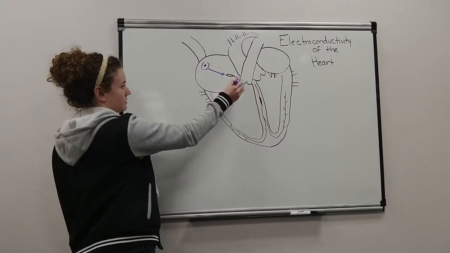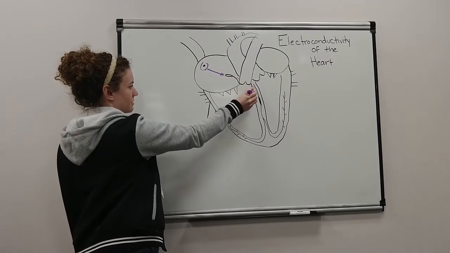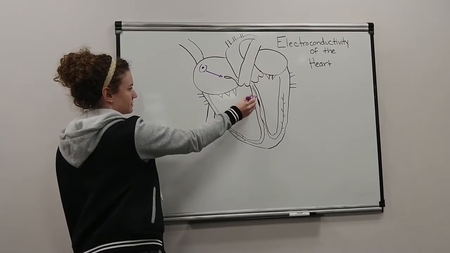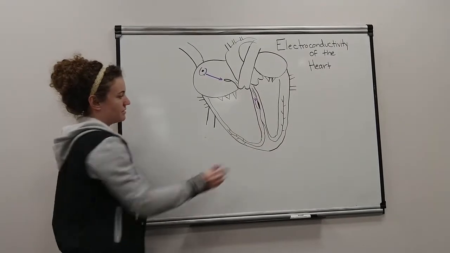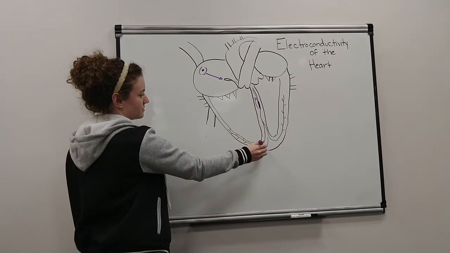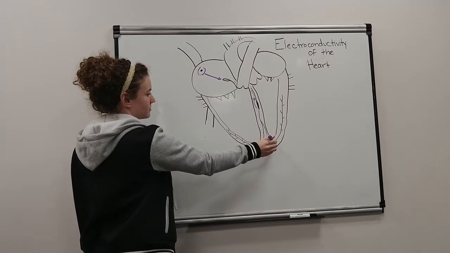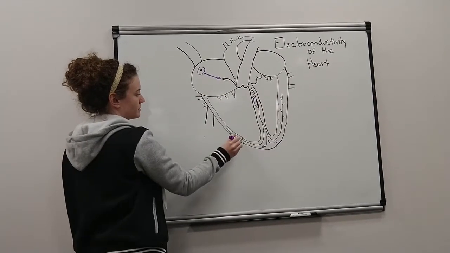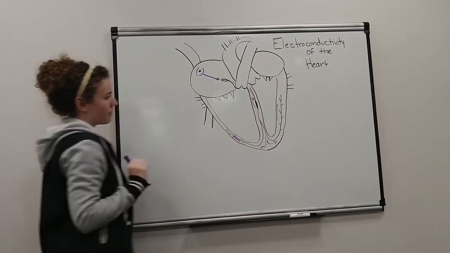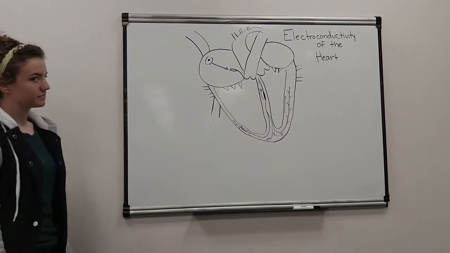Impulses pass from the atria to the ventricles via the bundle of His and then split into two pathways in the interventricular septum, carrying the impulse to the apex of the heart and into the Purkinje fibers, causing ventricular contraction. This system allows the cells of the heart to act as one muscle.